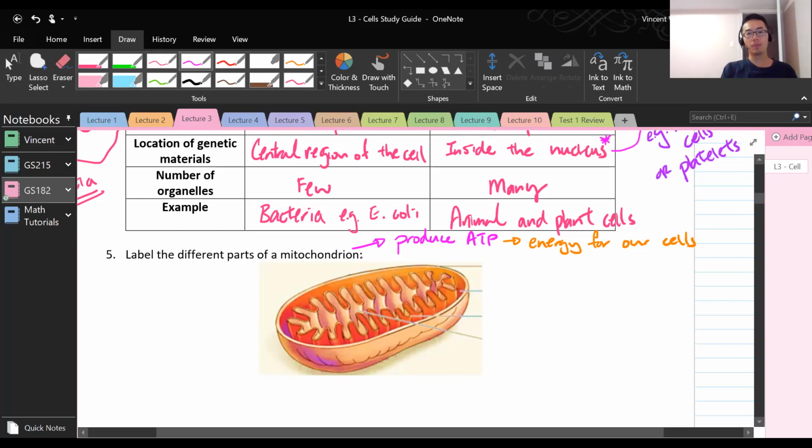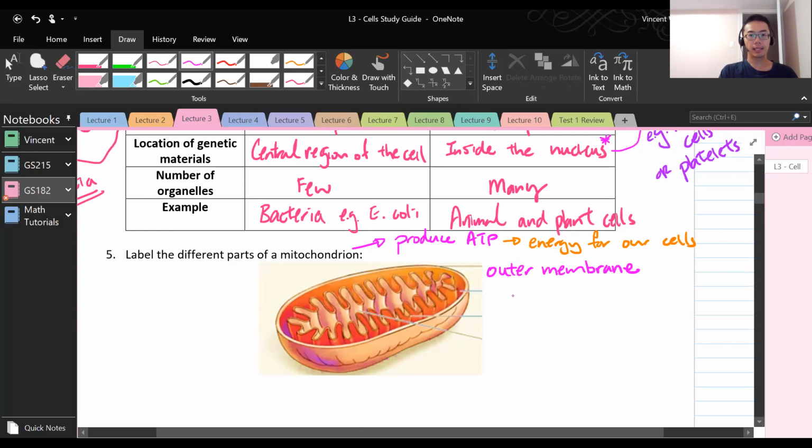So if you cut open a mitochondria, you will see that the inside is not hollow. I mean, it's hollow, but there are other things in it as well. There is an outer layer, which we call the outer membrane.